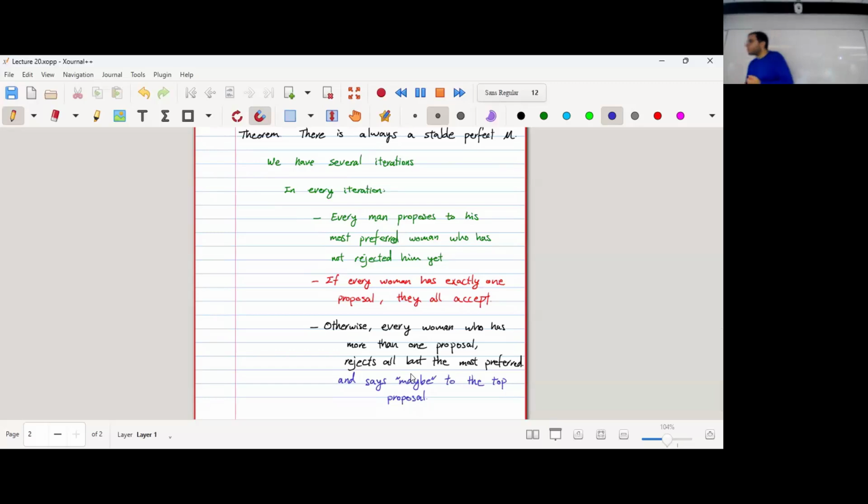So this algorithm terminates. Okay. So far, all we know is that this algorithm terminates, and we know that it can only terminate with this red line here. So when it terminates, it's going to give us a perfect matching. It's going to give us a matching where every woman has exactly one proposal and they're accepting. But why is this a stable matching?